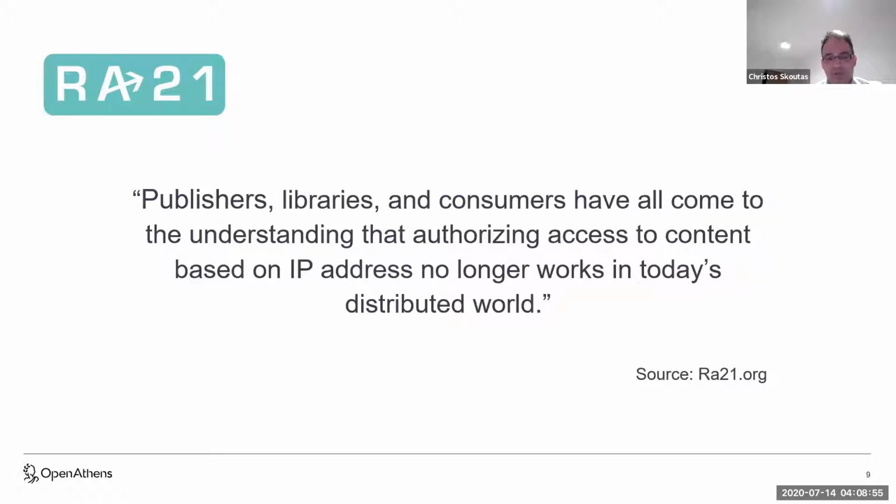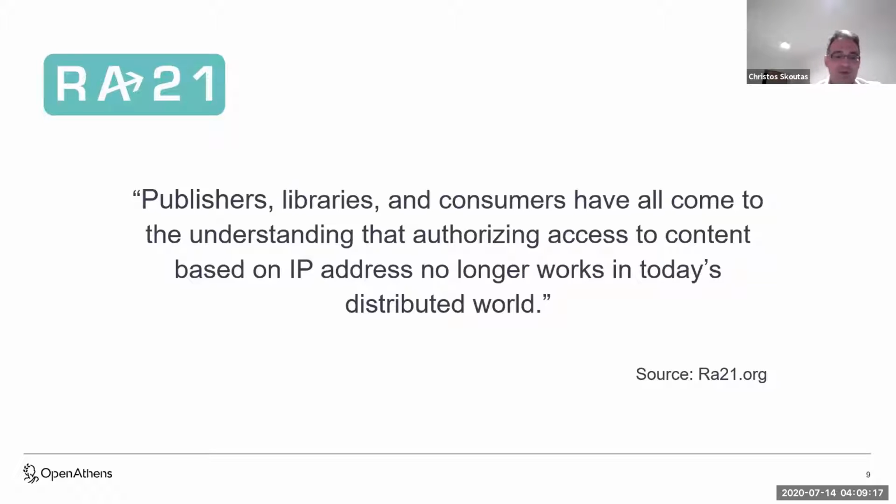We have been involved in those conversations as well, and it's clear by talking to these publishers and libraries, especially during the last few months, with more users than ever trying to access digital content remotely, that IP doesn't work as it should.